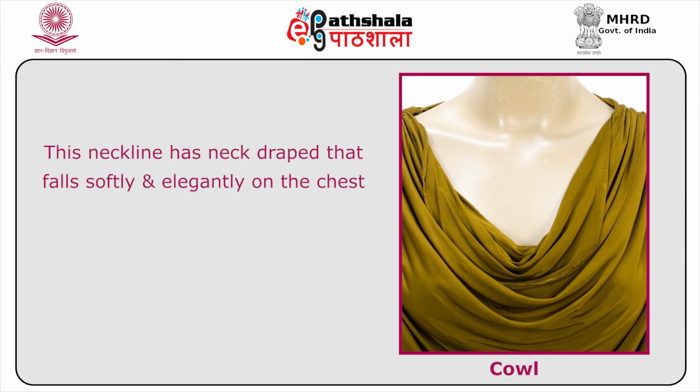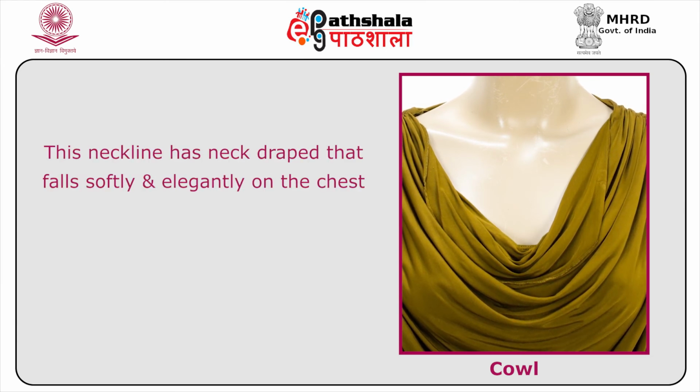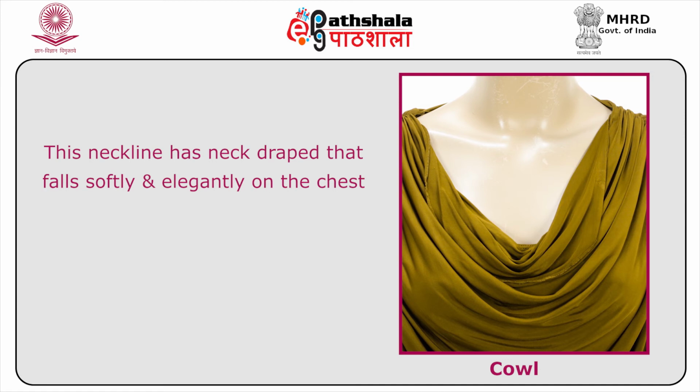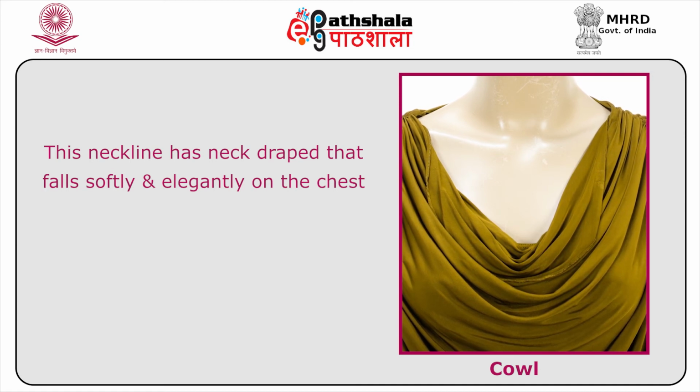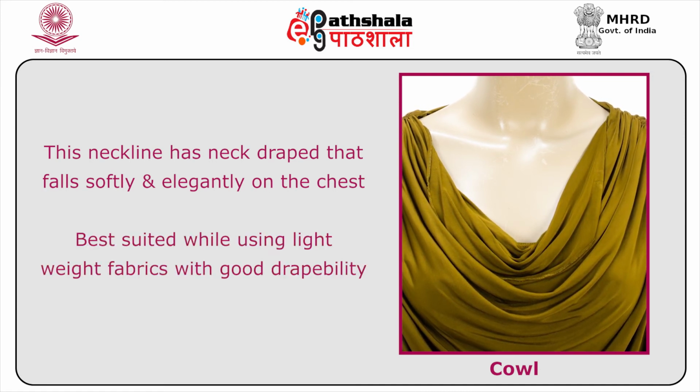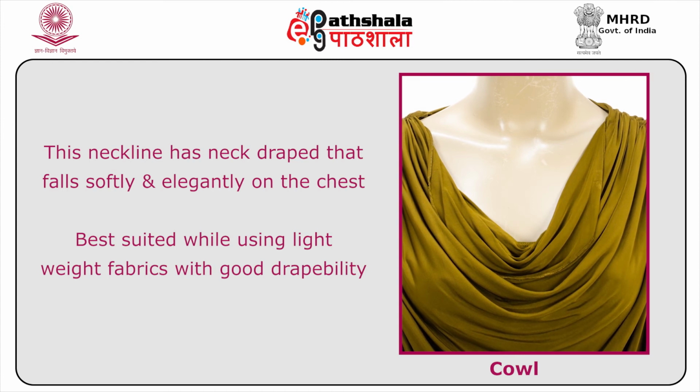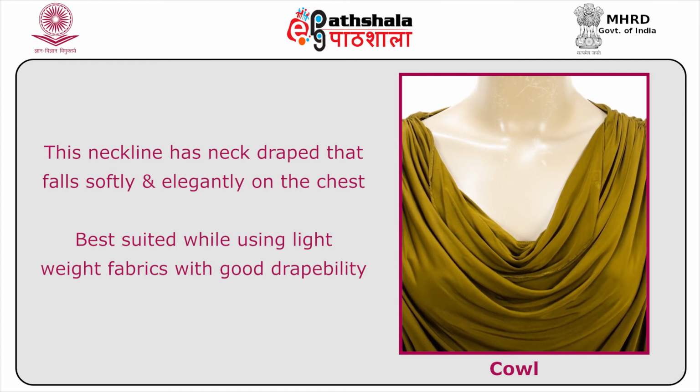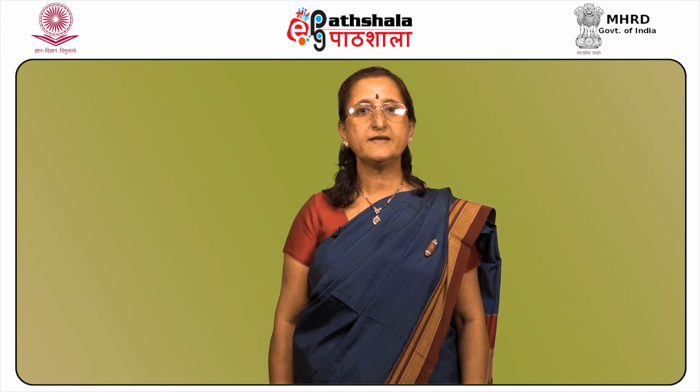Cowl. This neckline has a neck drape that falls softly and elegantly on the chest. Best suited while using lightweight fabrics with good drapeability. The neckline finishing technique further adds beauty and grace to the garment as well as the wearer.